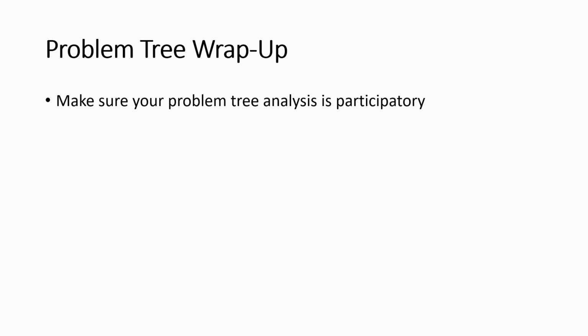The first is that when you're doing your problem tree, make sure that your process is participatory. We talked about that earlier in this video, but make sure that you're not excluding people, because people have different perceptions, and they have different information and different takes on the structure of a problem. And they may not agree.